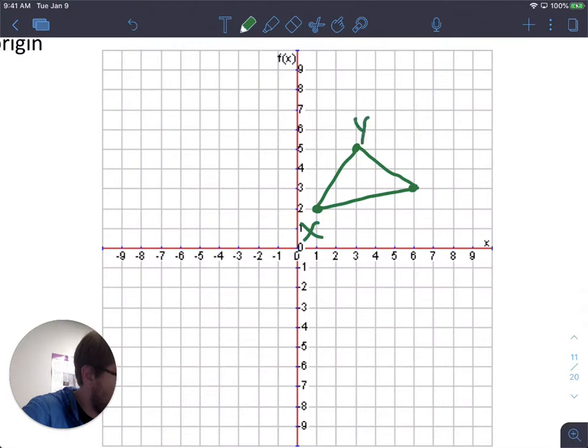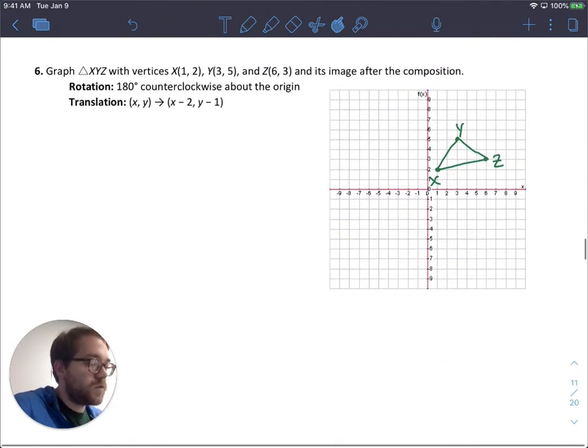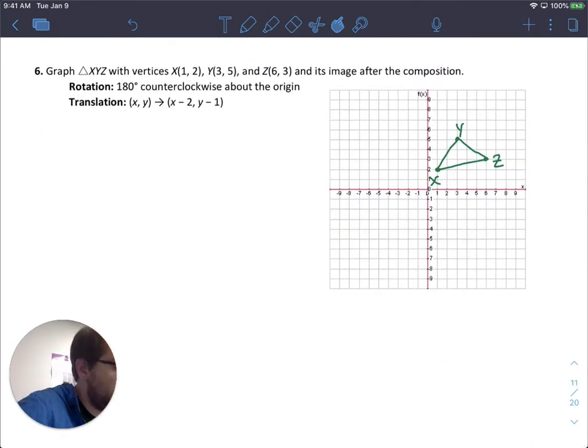X, Y, and Z. And so we're first going to rotate it 180 degrees counterclockwise about the origin. And again, we can use our coordinate rules to help us figure out what this rotation is going to be. And then we can do the composition all at once because we can rotate and translate it using our rules.